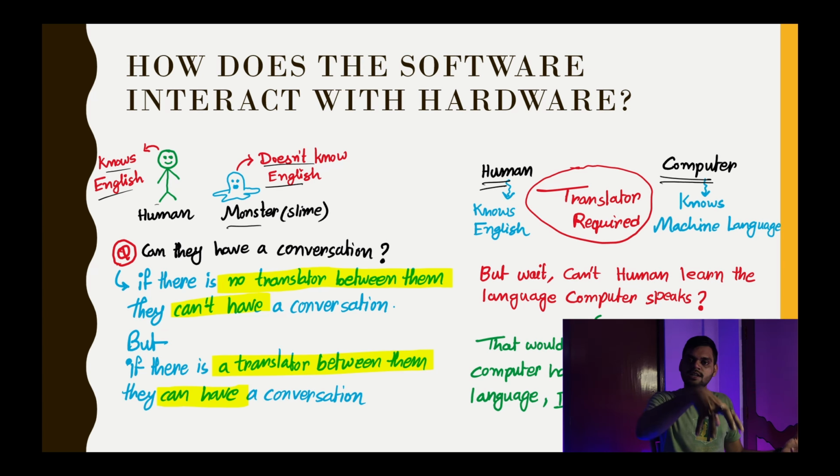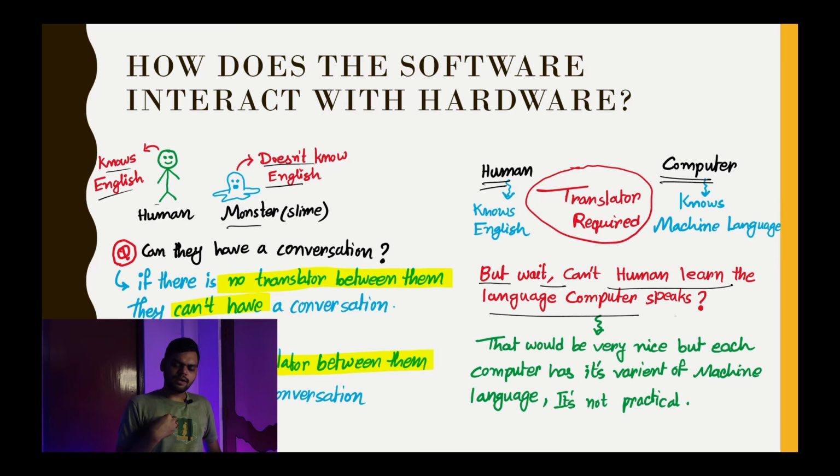So we need a translator in between. But wait, can't a human learn the language the computer speaks? A human can learn any language. Can't it learn the machine language or the binary language? The answer is no. Humans can't learn machine language or binary language, up till now.